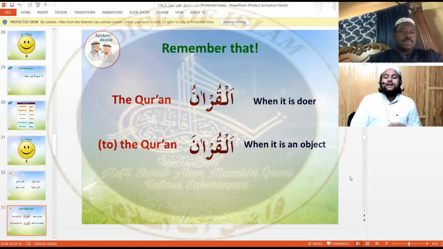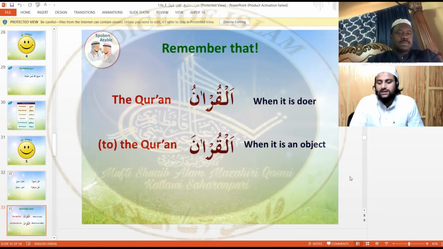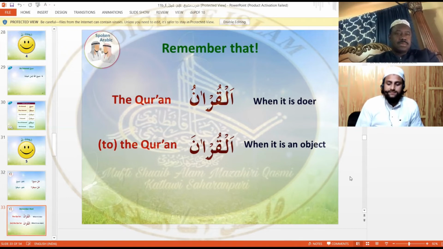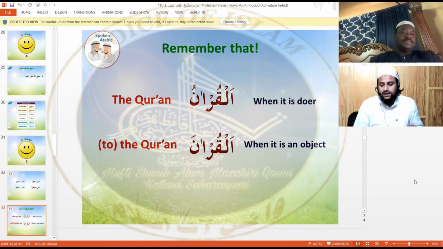And if the noun is an object, there should be fatha or fathatain at the end. If there is al at the beginning, there should be fatha at the end. And if there is no al at the beginning, most of the time there should be fathatain at the end. So Al-Qur'an, Al-Qur'an.